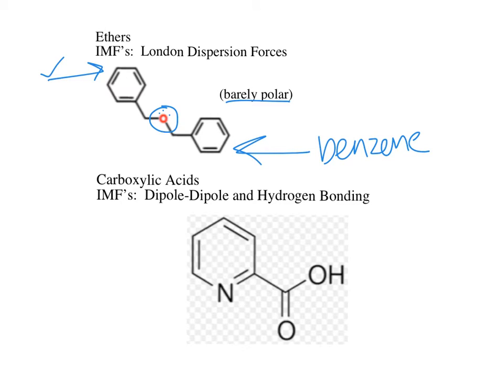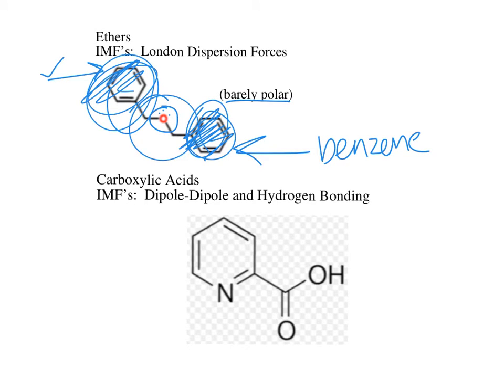So for the most part, ethers have very few intermolecular forces. There's not a lot of attraction because usually our nonpolar groups on the side of the oxygen give us symmetry, if you notice, to where the electrons are, making the overall molecule mostly nonpolar.